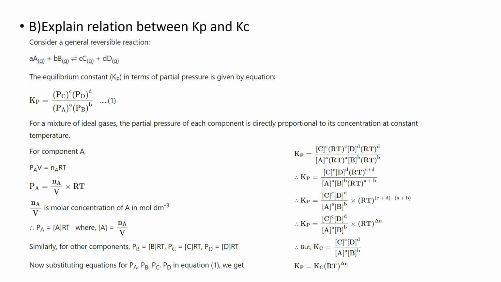Question B. Explain relation between Kp and Kc. Consider a general reversible reaction aA plus bB gives cC plus dD.